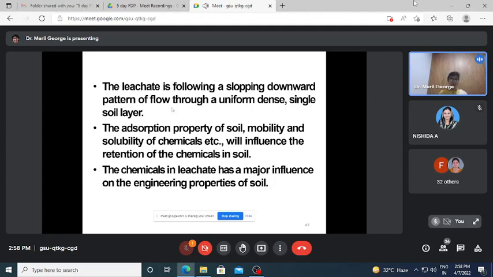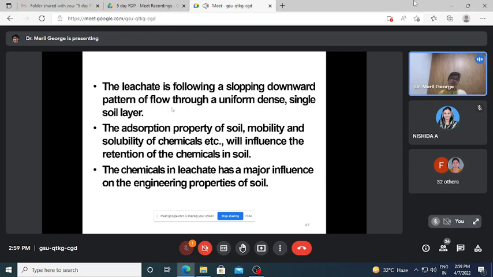But it is understood from the literature that variation in density, soil type, number of layers, presence of cracks, fissures, the direction of groundwater flow, etc. will have a major role in the flow direction and pattern of leachate through the soil. So since the site conditions of each landfill are different, the flow pattern of leachate through the landfill also cannot be generalized.